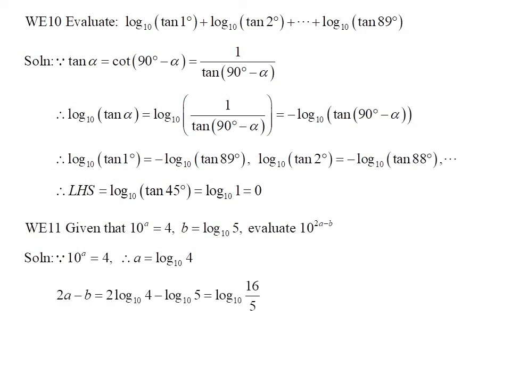Hence, 2a minus b equals 2 times common logarithm of 4 minus common logarithm of 5, which equals common logarithm of 16 over 5. Therefore, the exponential expression equals 10 to the common logarithm of 16 over 5, which can be further simplified to 16 over 5.